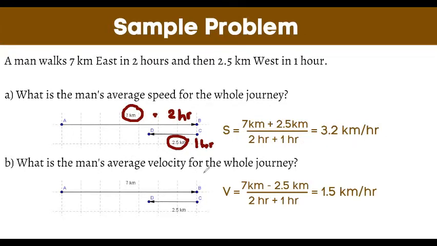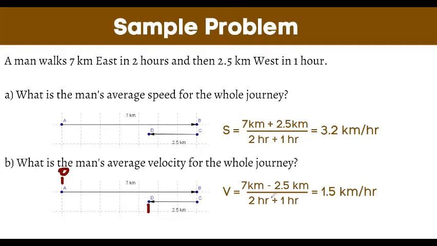How about the average velocity? Again, when we're talking about velocity, this is the displacement. We can see that the final position is here and the initial position is here. So what are we going to do? The initial position is 0, and to determine the final position, we must subtract 2.5 from 7 kilometers.